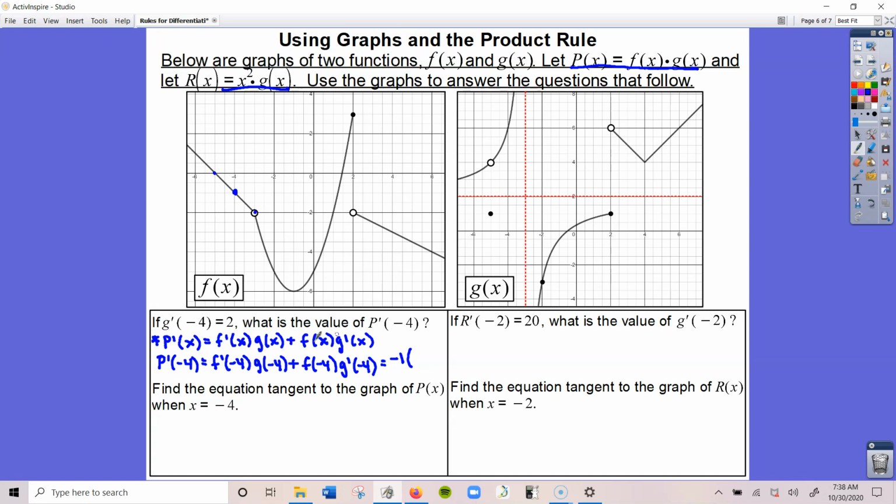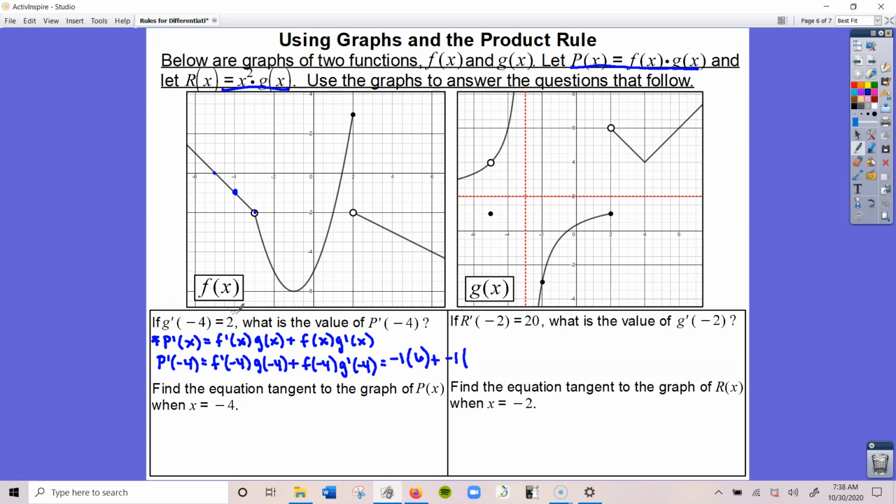Times g of negative 4, that is just the function value, which is 6, plus f of negative 4, which is negative 1 as well. And then g prime of negative 4, if you go to the graph, it's a curve, which can be kind of difficult to determine unless you have a point on either side, which we could figure out, but why?